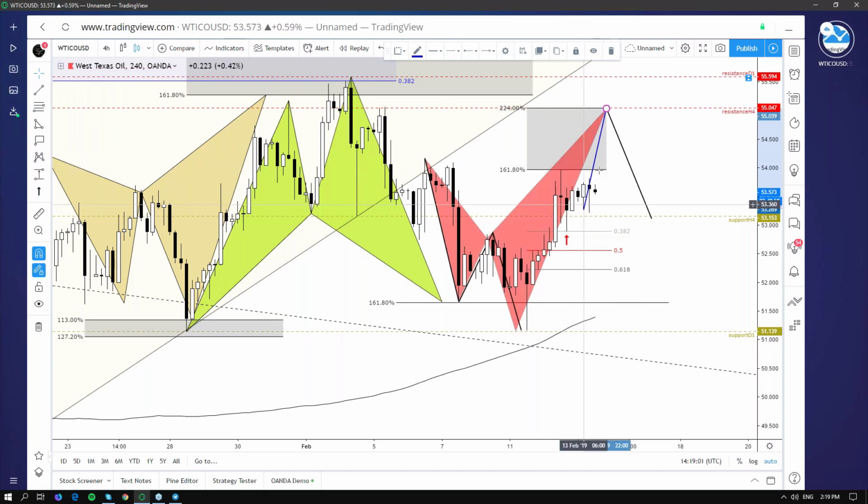At this point, we have the shark pattern printed, and the 38% retracement already reached here. We can see the market falling again without breaking the most recent highs. I will not be surprised by that. But we have two levels to search for those completion points: the 168 extension and the 224 extension above.